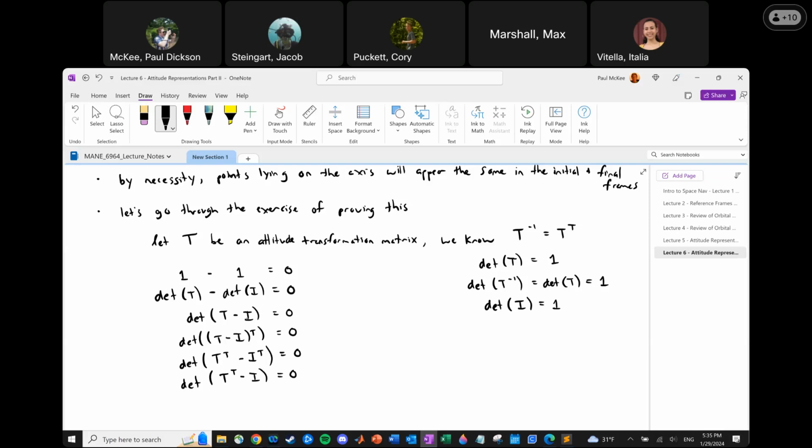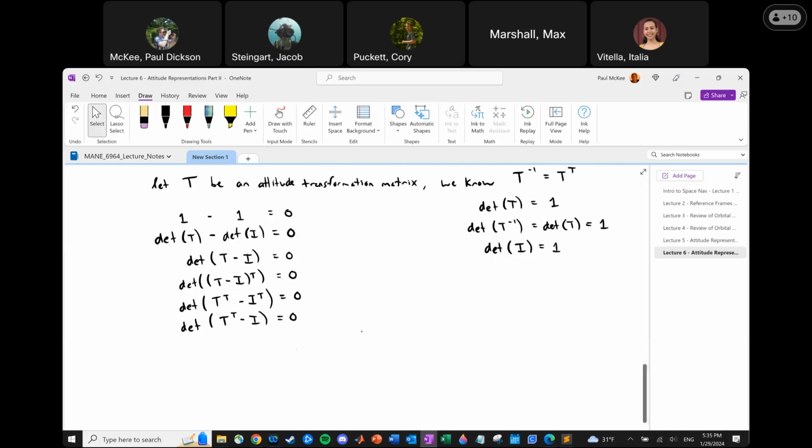Okay, we're getting there, not quite done yet. Hopefully this all checks out so far. Next, we're going to be a little bit cheeky. We're going to say the determinant of T inverse, because remember the inverse and the transpose are the same thing, minus, and instead of the identity matrix, I'm going to say T inverse T. Because if you have the identity, which is the same as doing nothing to a vector, then performing some attitude transformation and then undoing that attitude transformation would accomplish the same idea.